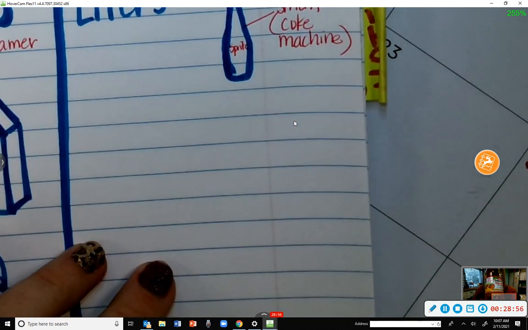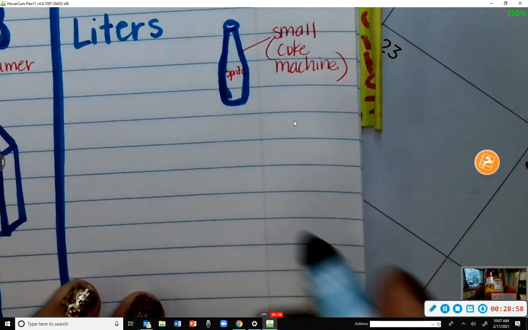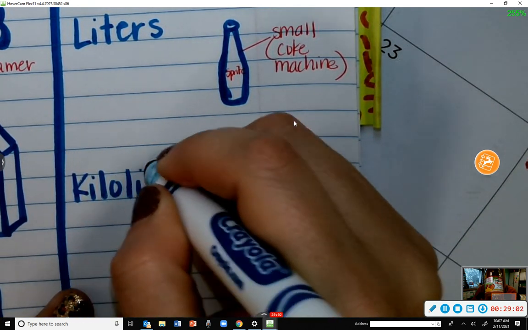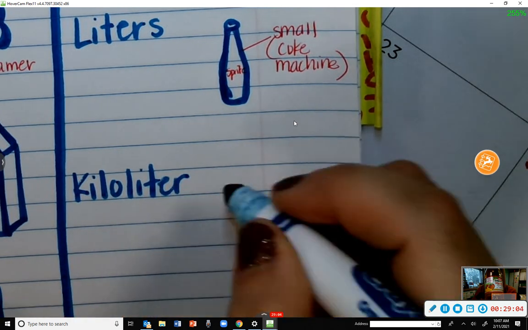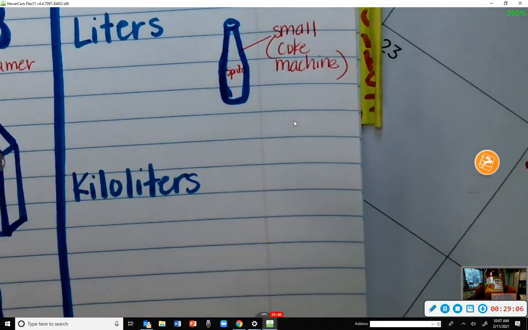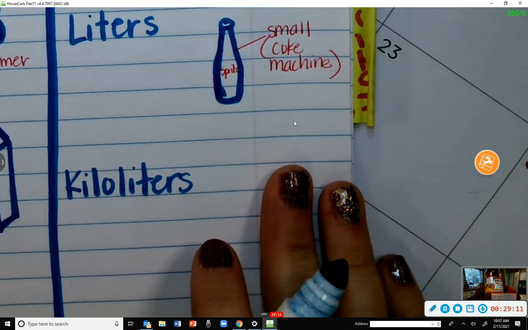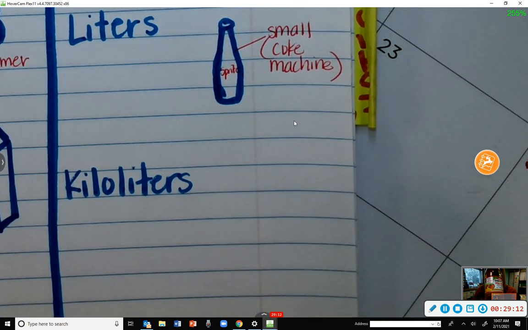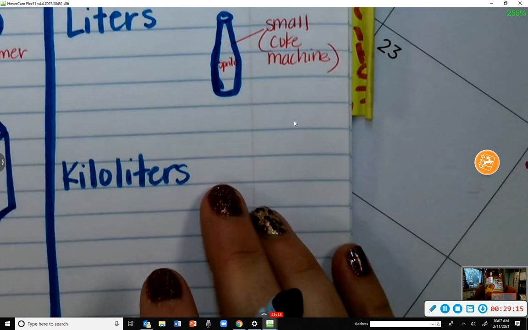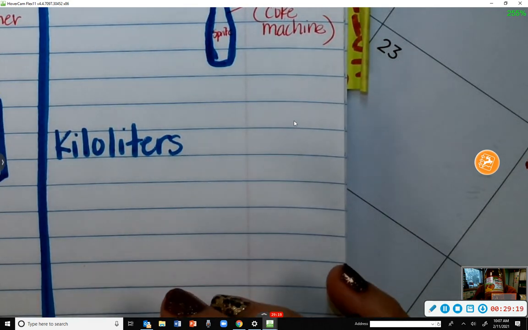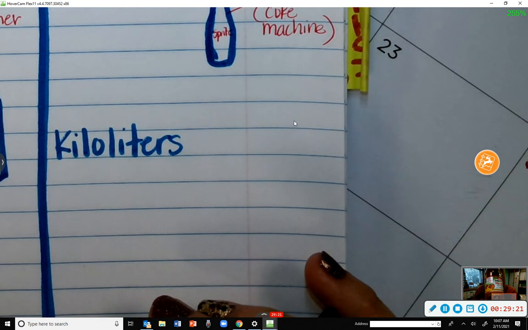Now they didn't go over this in your book, but they also have what's called a kiloliter. Kiloliter just means 1,000 liters. So a kiloliter is about the size or amount of 4 bathtubs.